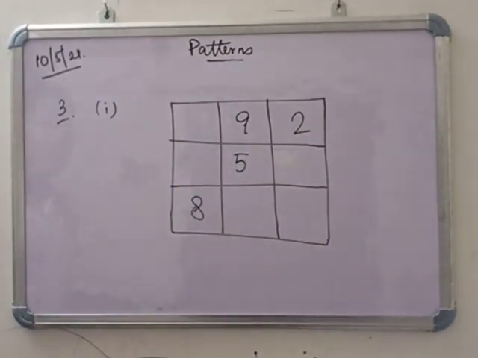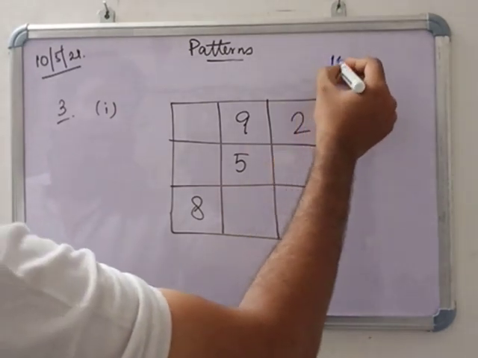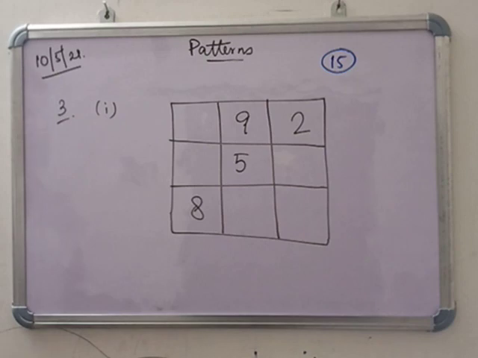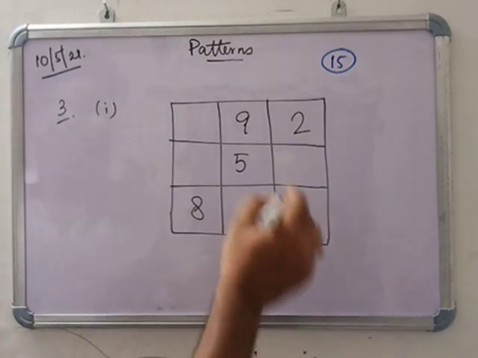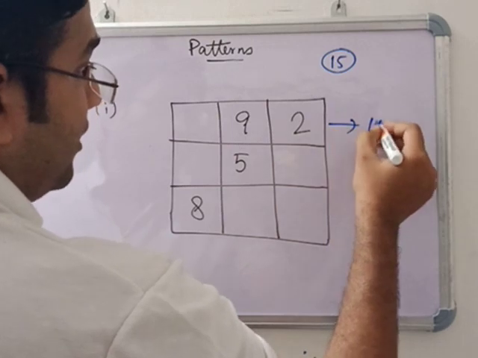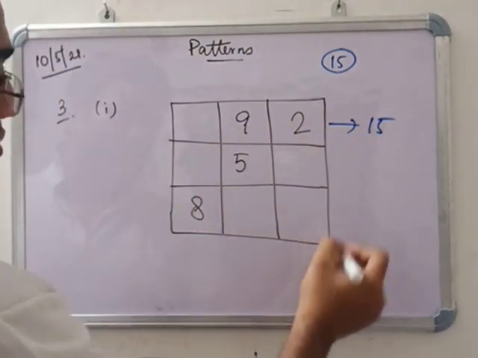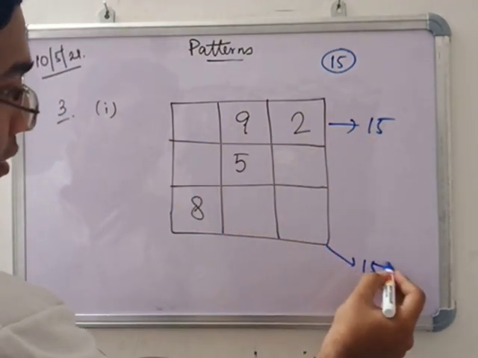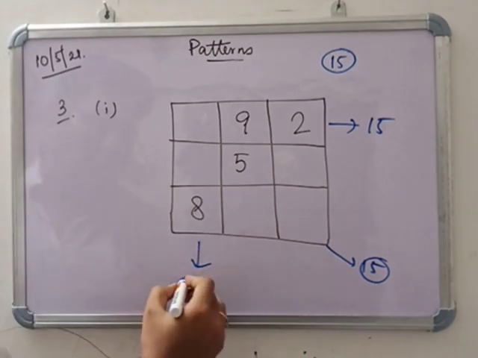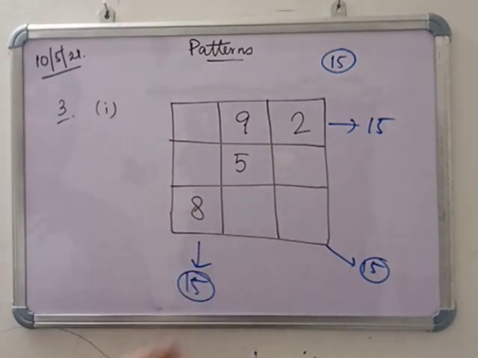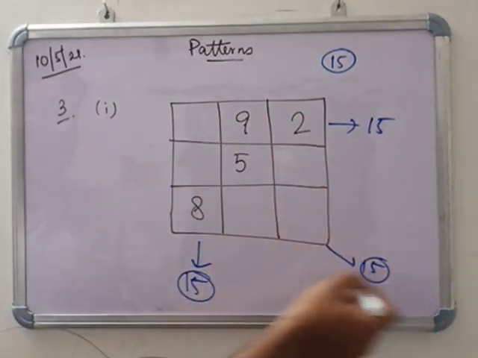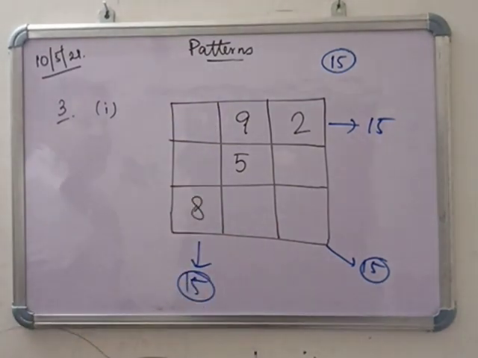Now suppose I am choosing the number 15. So the diagonal is 15, the columns are 15 and the rows are 15. All are 15. The rows are 15, the diagonals are 15 and the columns are 15.